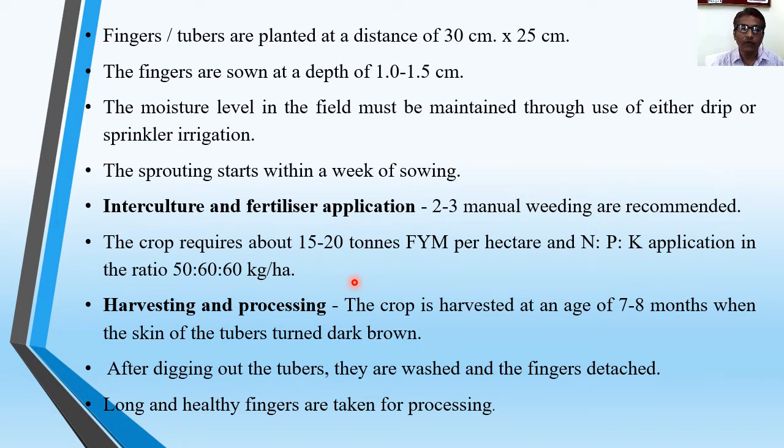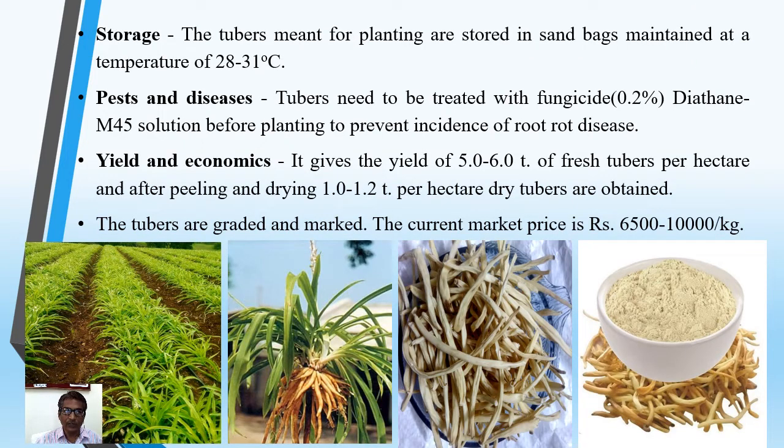8 months when the skin of the tubers turns dark brown. After digging out these tubers, they are washed and the fingers detached. Long and healthy fingers are taken for processing. About the storage: the tubers meant for planting are stored in sandbags maintained at a temperature of 28 to 31 degrees centigrade.